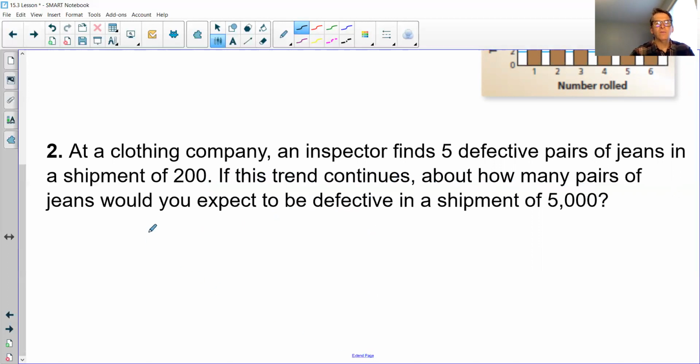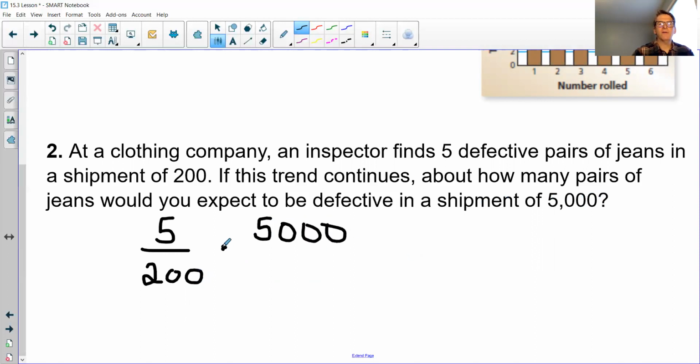So we have an experiment of 5 of 200, the 5 defective pairs in a shipment of 200. So the probability is 5 over 200. Now you could simplify that, but we're going to have a shipment of 5,000, so we take that times 5,000.